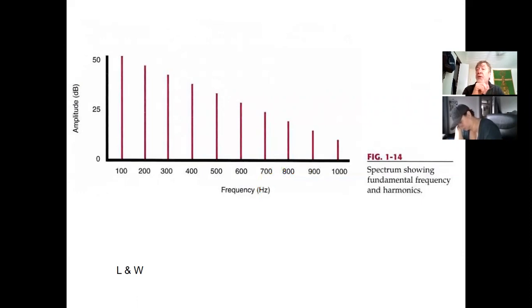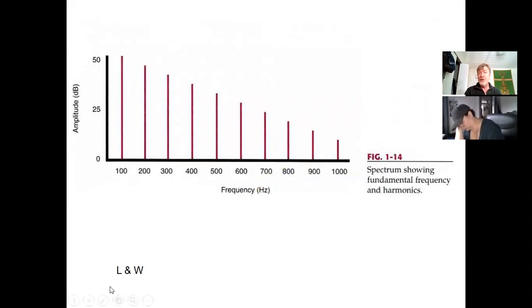Complex sounds are sounds that have more than one frequency. Well, speech has thousands of frequencies. Music has lots of frequencies. Traffic noise has lots of frequencies. So every sound that you hear in your daily living and environment is a complex sound. And the definition of complex sound is more than one frequency.